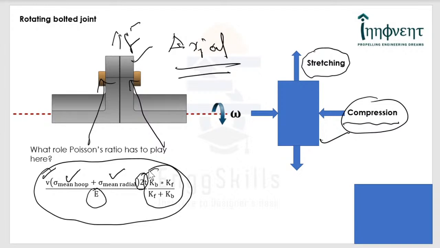When I say effective stiffness, both the flanges and the bolt are in series, where KB represents the stiffness of the bolt and KF represents the stiffness of the flange. Multiplying the effective stiffness by the axial contraction, we get the loss of clamping load.